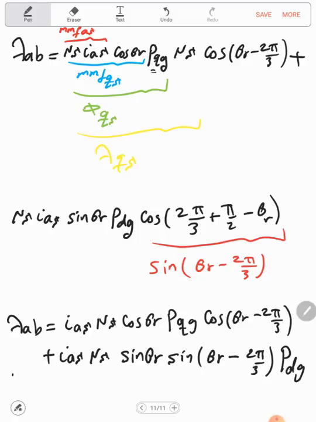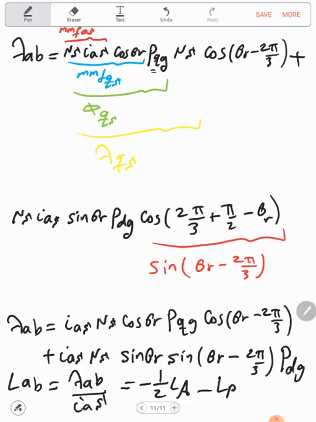Now if we need to calculate the inductance, LAB will equal lambda AB over IAS, which will equal minus 1 over 2 (LA minus LB) cosine (2 theta r minus pi over 3). Here I used two trigonometric identities in order to simplify the flux.